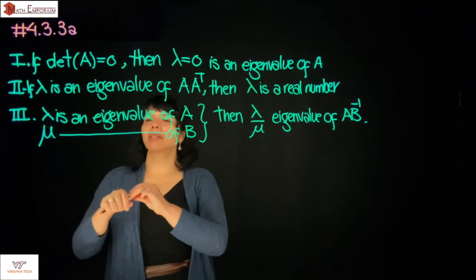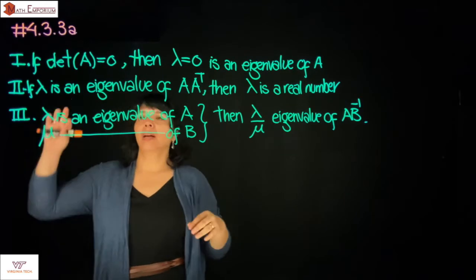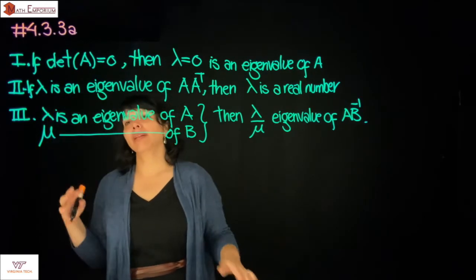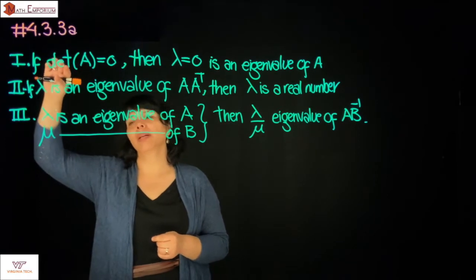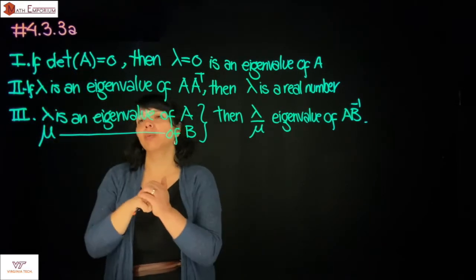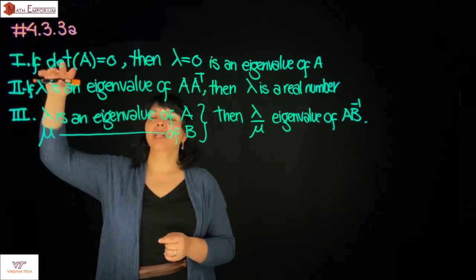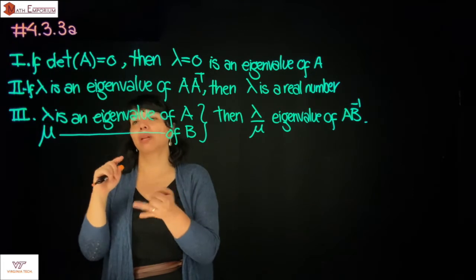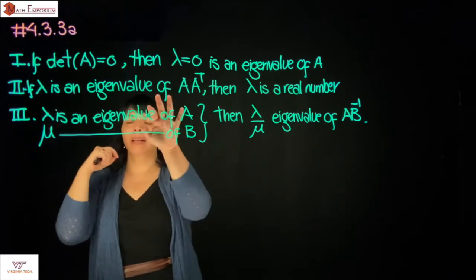Okay, so we have our three statements, and let's go over some of the theories. What I recommend for these kind of problems is for you to go through all the sections in 4.3, and check for what are the results, theorems, or any claims that have to do with properties of eigenvalues.